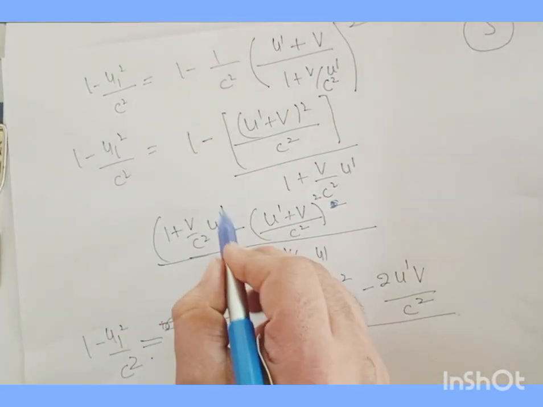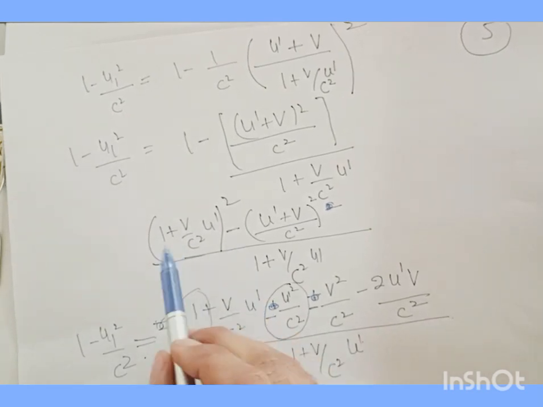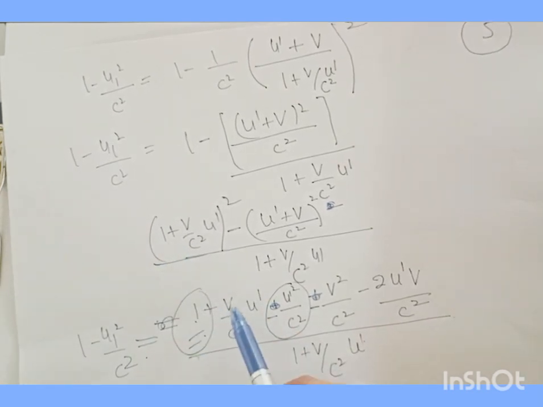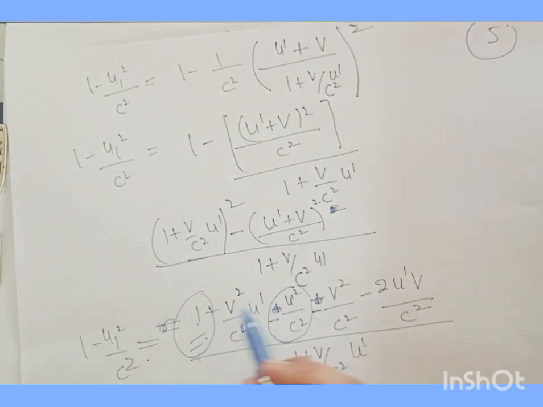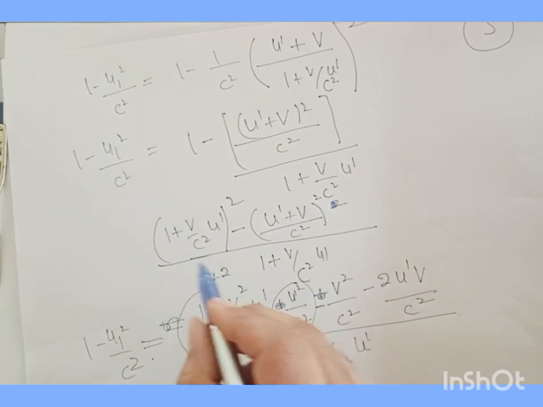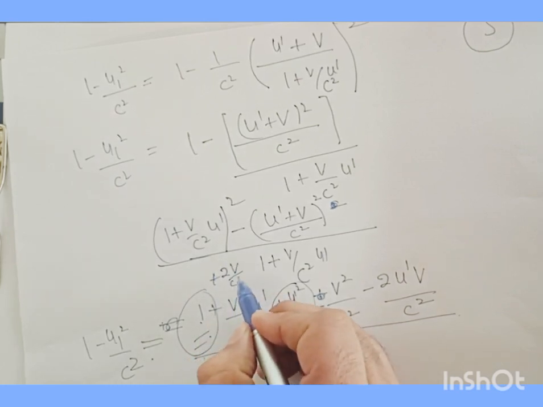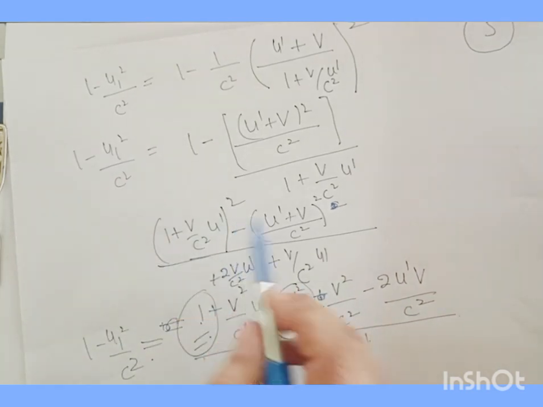So this thing is whole square here. I have 1 plus v square by c to the power of 4 times u dash square. Then plus, here I have to add a term, plus twice v by c square u dash, because this is whole square, I have missed it.